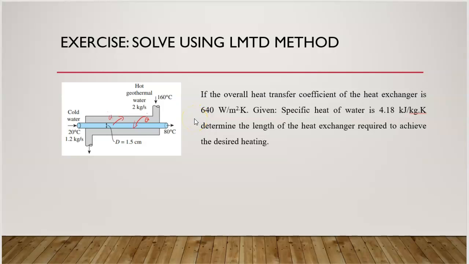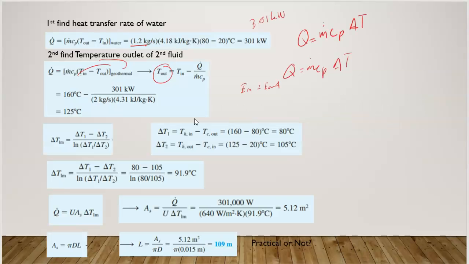Perhaps it's in the tables. In the tables, we need to find the Cp for the hot water. So we have T out equal to 125. So we already know T out for the hot water, TH out, is 125.